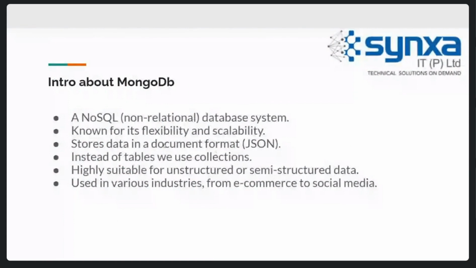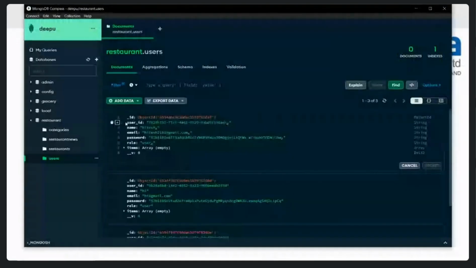And the next point is it stores in the form of JSON. It is a JSON format, right? And it does not have any structure. Like if you see in the SQL databases, we have to create some schema, and we have to create some table structures first, and we have to store the details in the table, right? It does not have any structure.